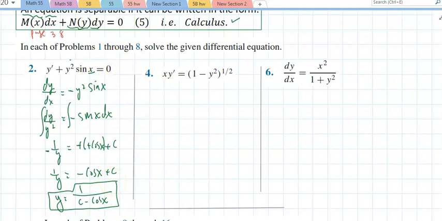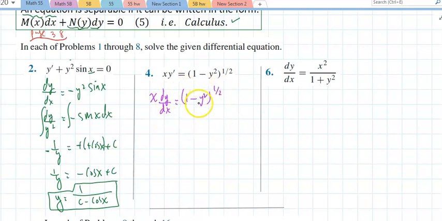On number 4, and these are on page 38. On number 4, I notice that if I write this as x dy/dx is going to equal the square root, 1 minus y squared to the 1/2.